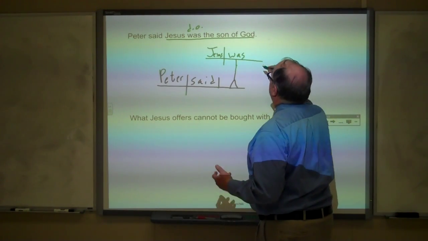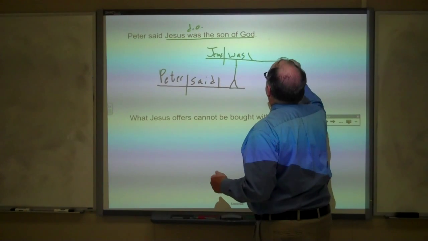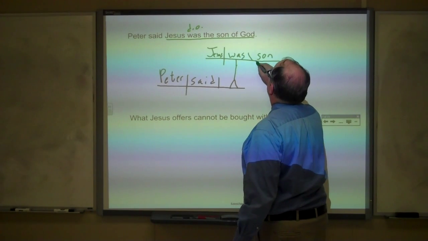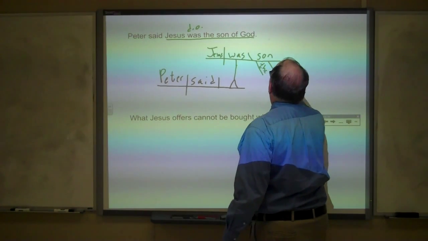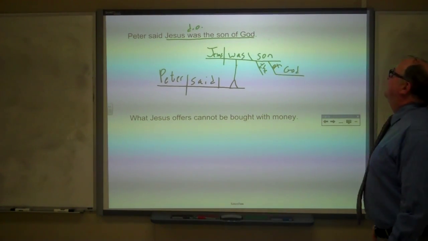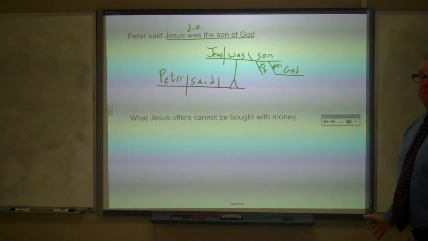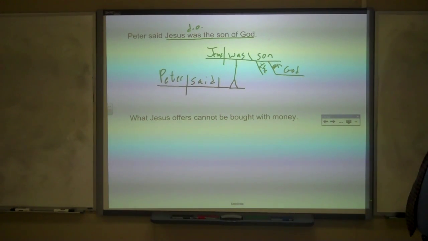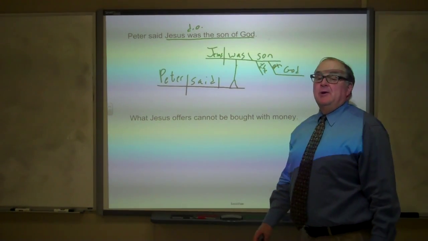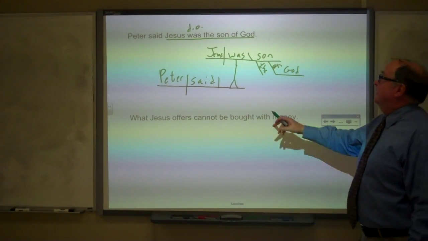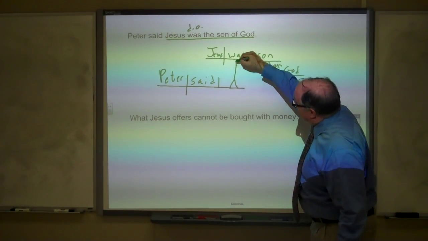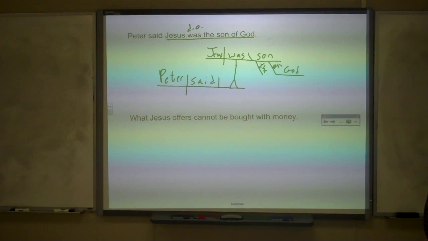Was is a linking verb, so we have a predicate nominative, Son, and the modifies Son, and of God is the prepositional phrase that modifies Son. In this case, you don't write anything because the relative pronoun has been dropped. We could say, Peter said that Jesus was the Son of God. In that case, we would write the that on the vertical, as we saw before.